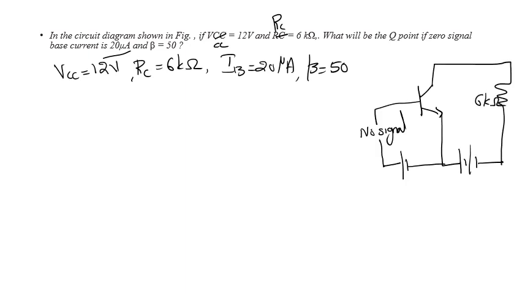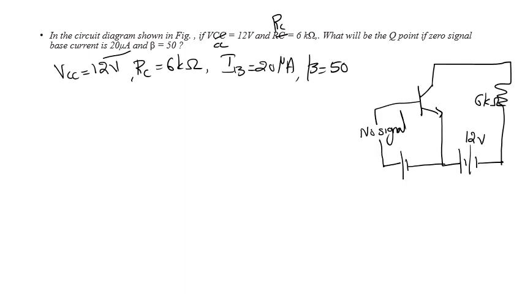Six kilo ohm as the RC and VCC equal to 12 volt, so this is the data given. From there we have to find out the load line. It is a very simple, straightforward thing.